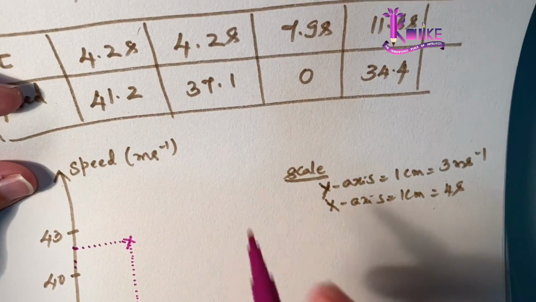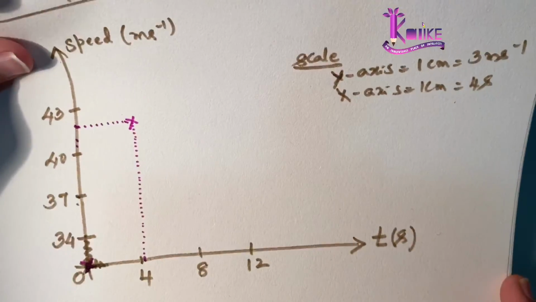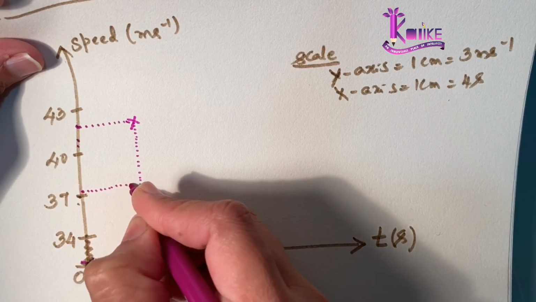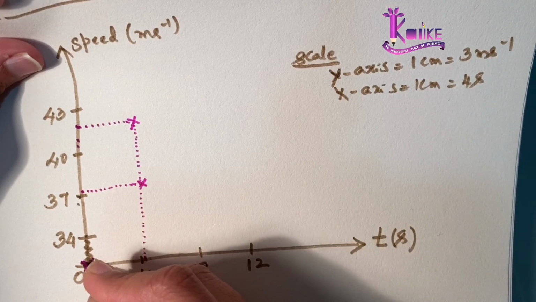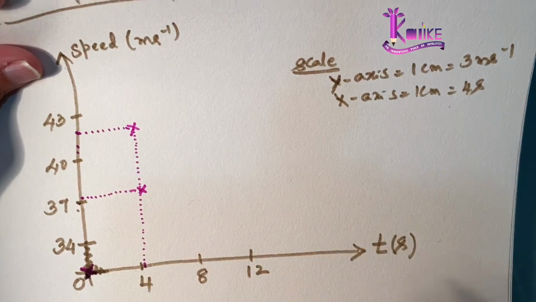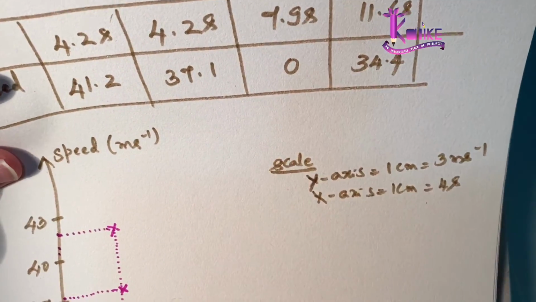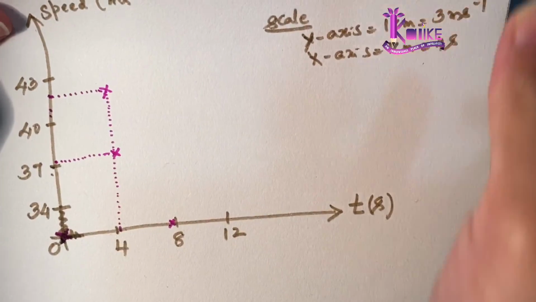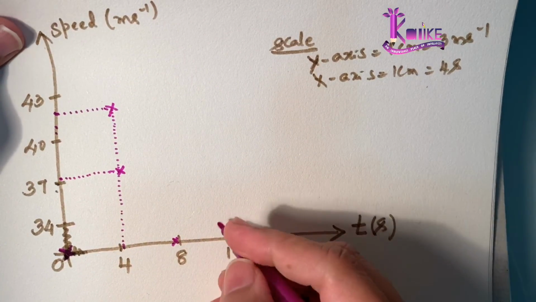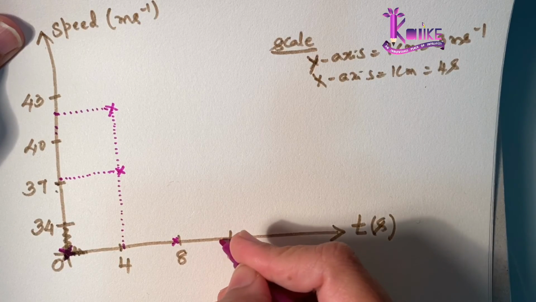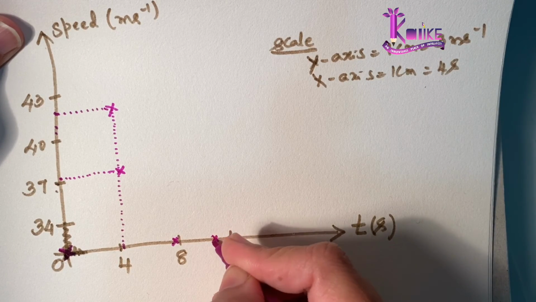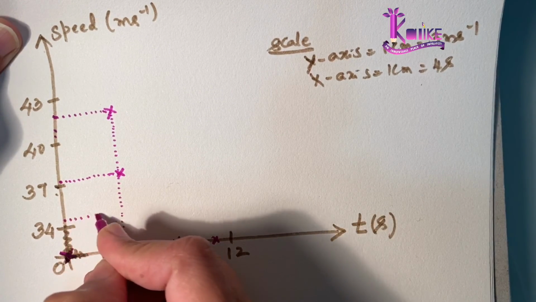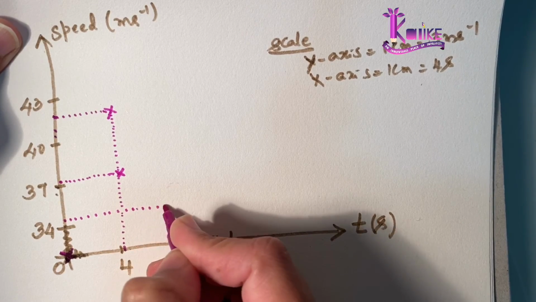Also at 4.2 it is 37.1, so 37.1 will be somewhere here, right? So you have 1 point here, 1 point here, 1 point here, and at 7.9 seconds it is 0, so I have to just mark it here, right? And at 11.6 seconds it was 34.4, so 11.6 is somewhere here. 34.4 will be somewhere here.